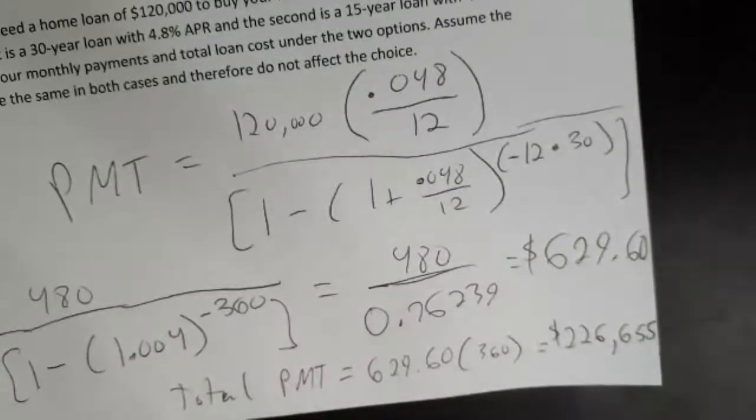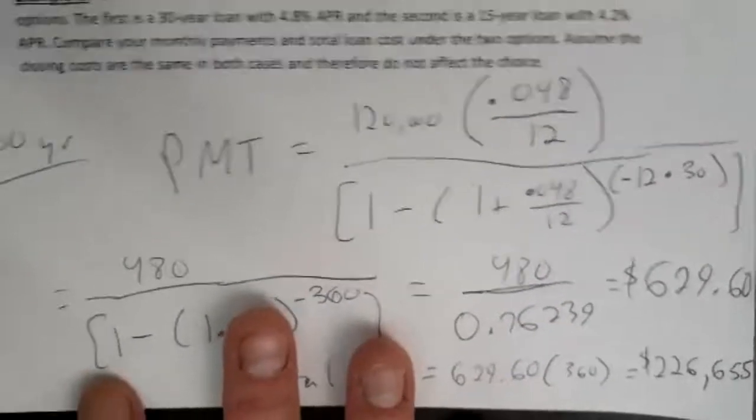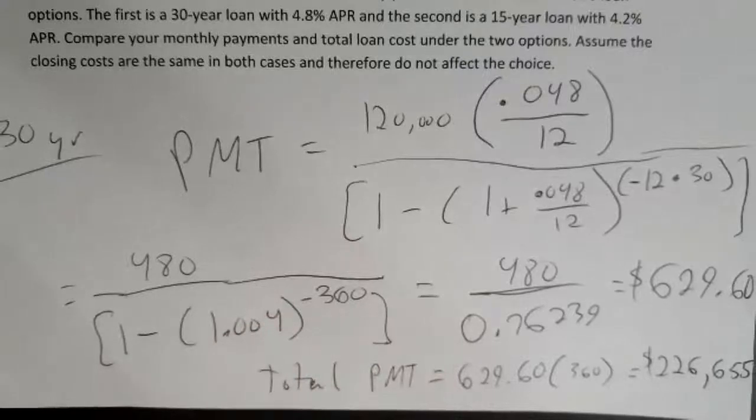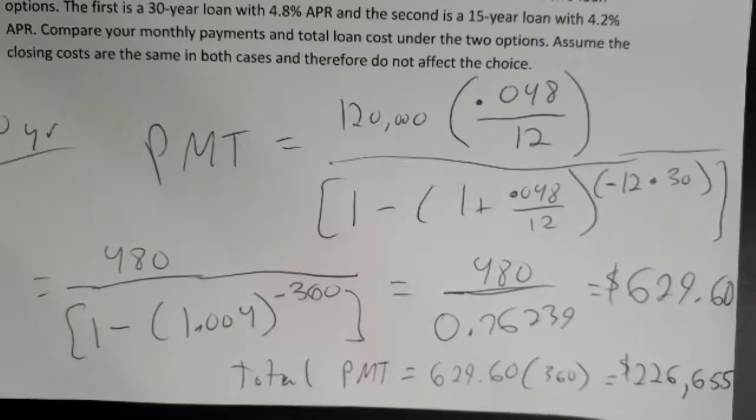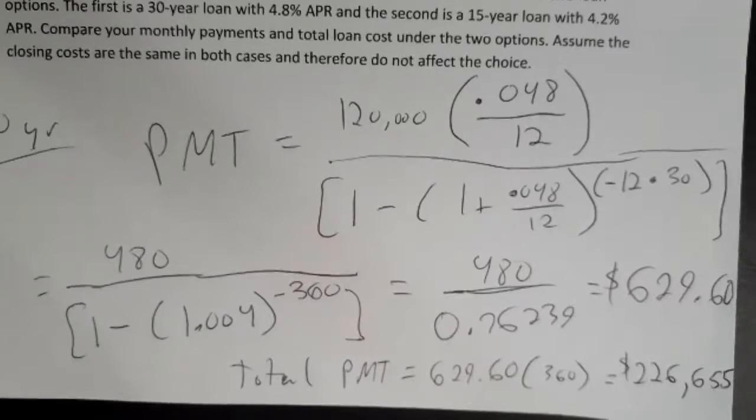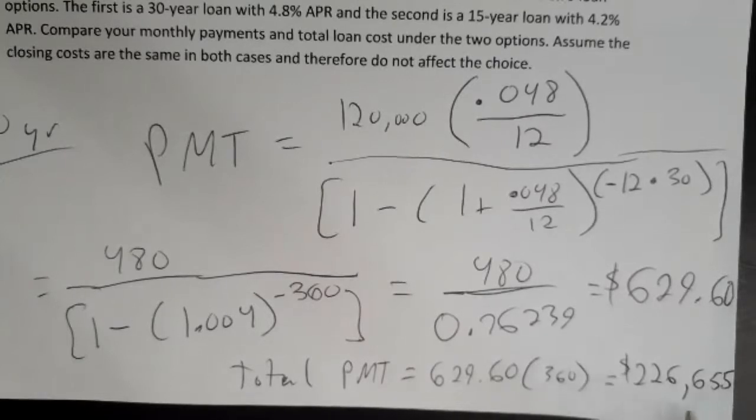There's my total payment. So this is the 30-year loan. I'm going to make payments of $629. I'm going to make a total of $226,655, which I'm paying almost $100,000 just in interest on this thing, I think. So you can also figure out how much interest. If you want to figure out the interest, it's this minus the 120K.